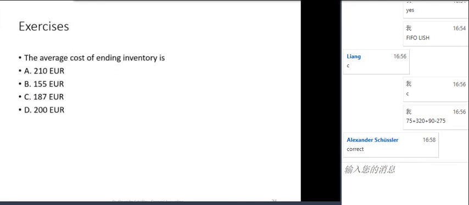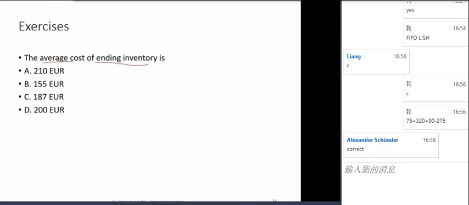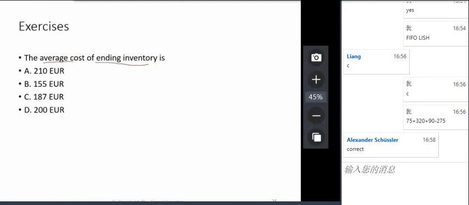Then this is the next question. Try to solve this. This is about average cost of ending inventory. So this is not FIFO or LIFO, this is average.